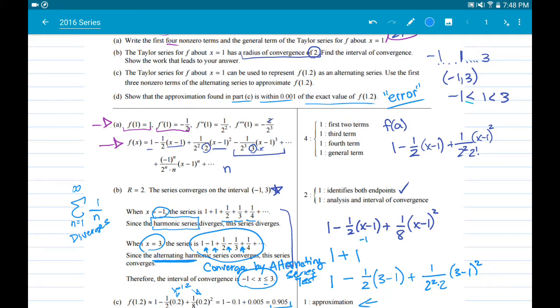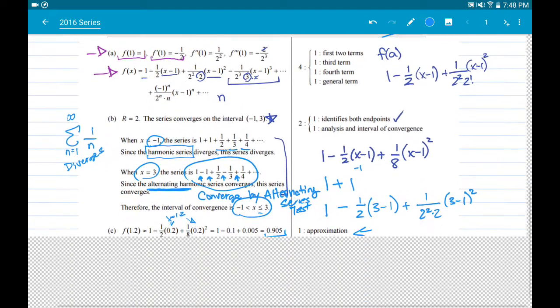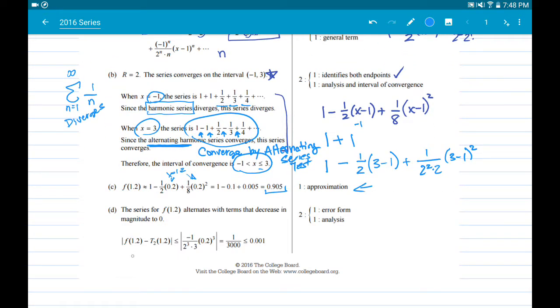And the error essentially is the difference between a function and this T, which stands for your Taylor polynomial that goes up to your second degree.